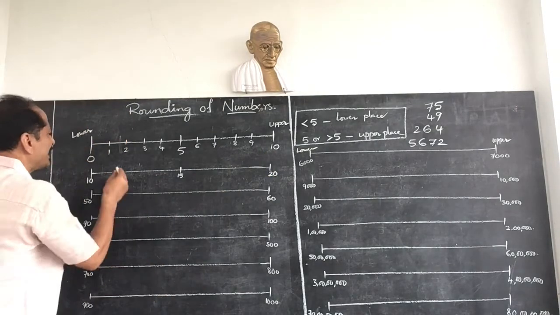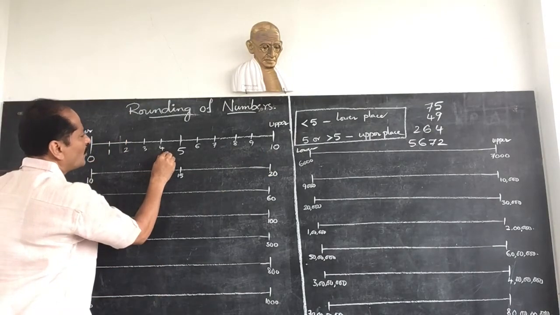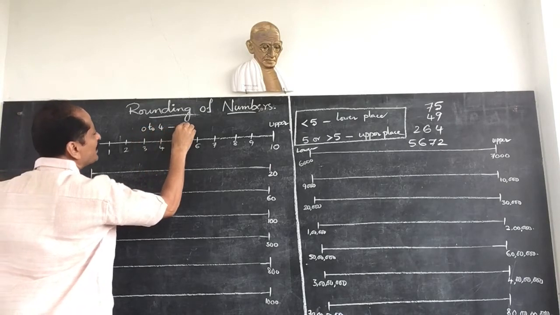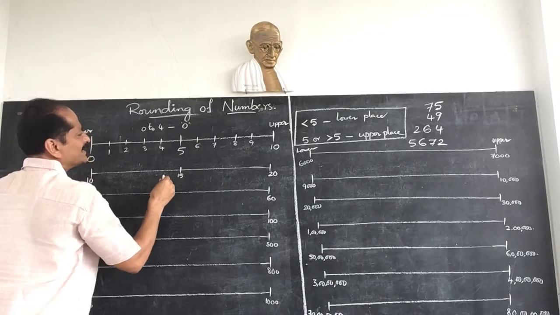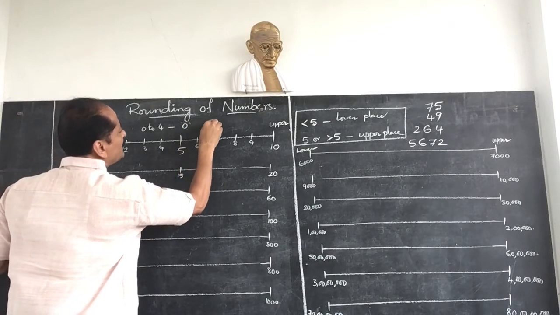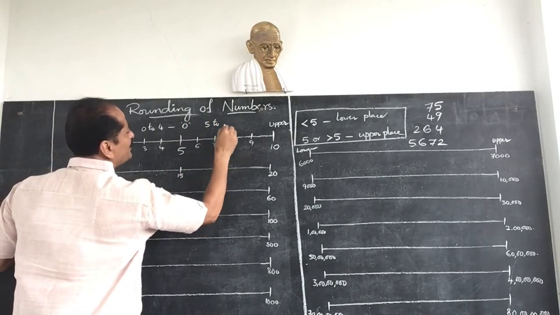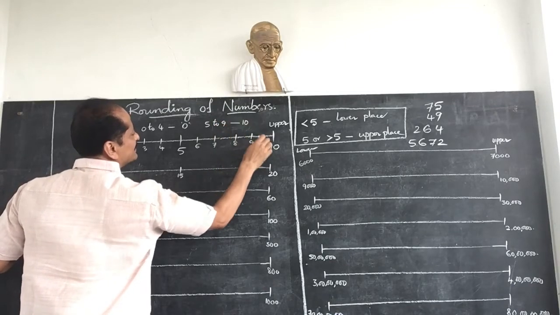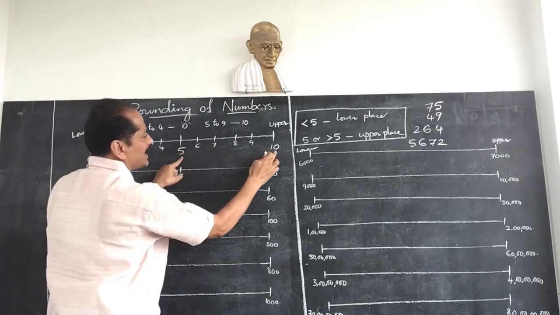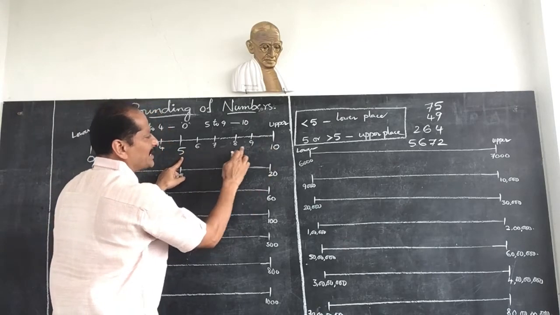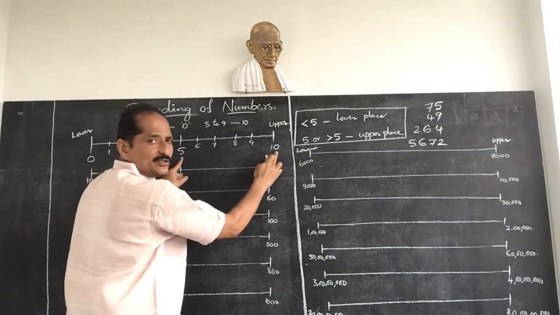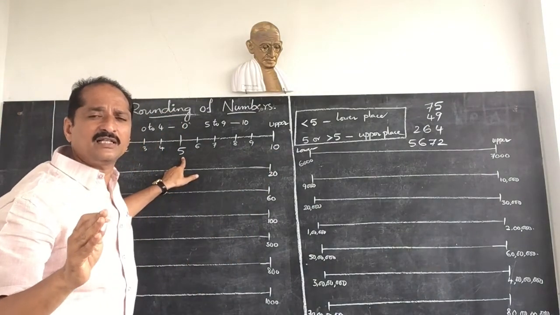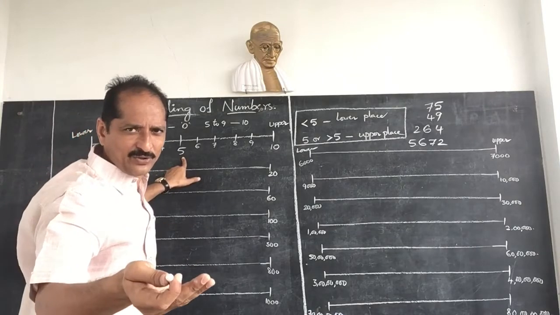So the numbers from 0 to 4 can be rounded to 0, and the numbers from 5 to 9 can be rounded to tens place. That means 5 is nearer to 10, 6 is nearer to 10, 7 also nearer to 10, 8 also, and 9 also nearer to 10. If a number is given 9, that should be rounded to tens place only.